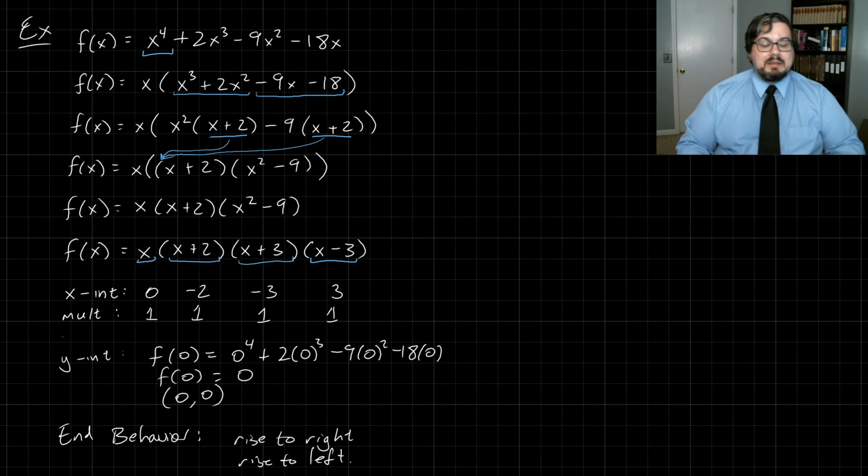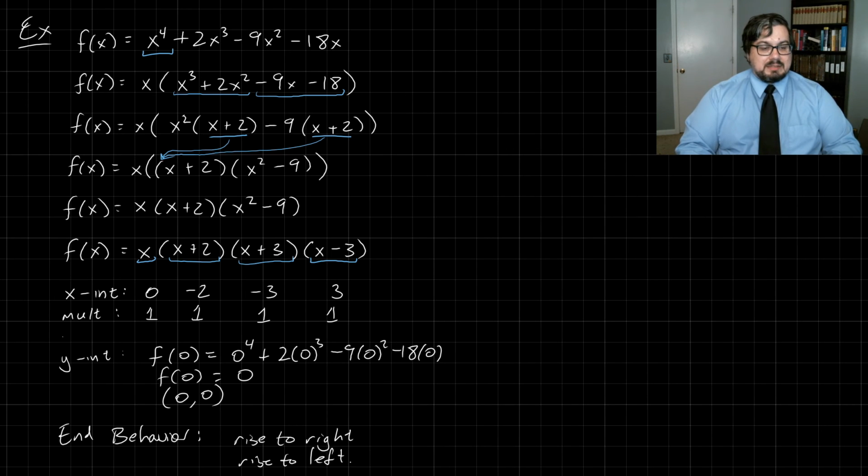Let's get one point on the graph that's not on the x-axis, the same way we did before, because currently the only points that we have are the x-intercepts, and the y-intercept happens to also lie on the x-axis. So let's just take some number that we don't have listed here.